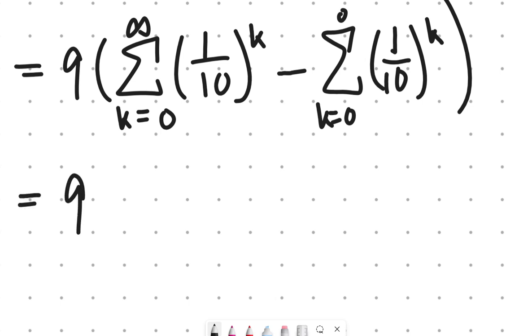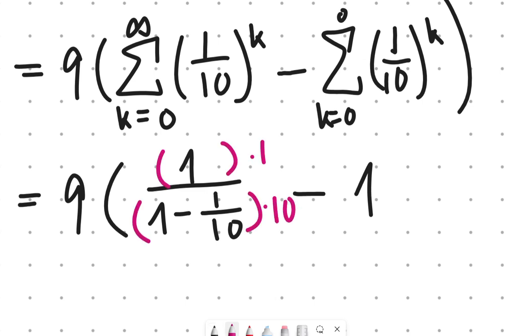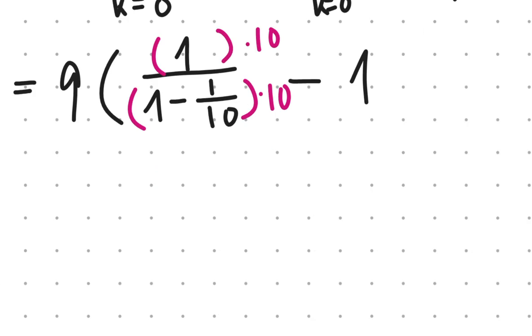So we can write it down as 9 times something minus 1. And since we know the geometric series, the sum of x to the kth power, is equal to 1 over 1 minus x, we're just going to write it down as 1 over 1 minus 1 over 10.